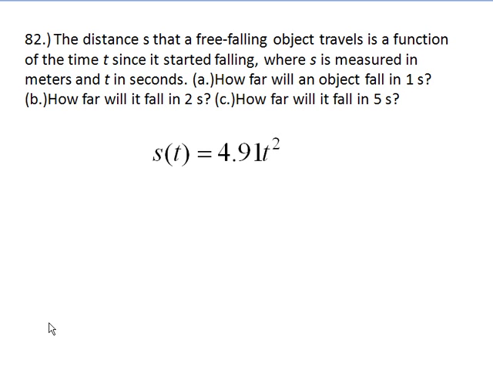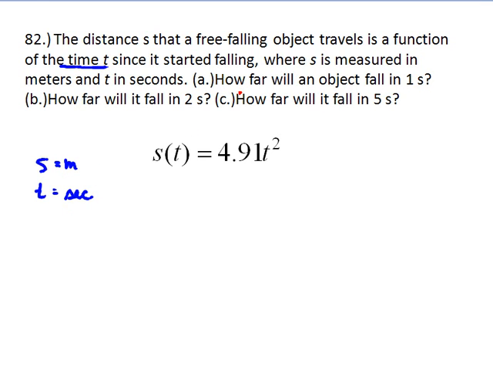Okay, this is our last problem for this section. Word problem. The distance s that a free-falling object travels is a function of the time since it started falling, where s is measured in meters and t in seconds.